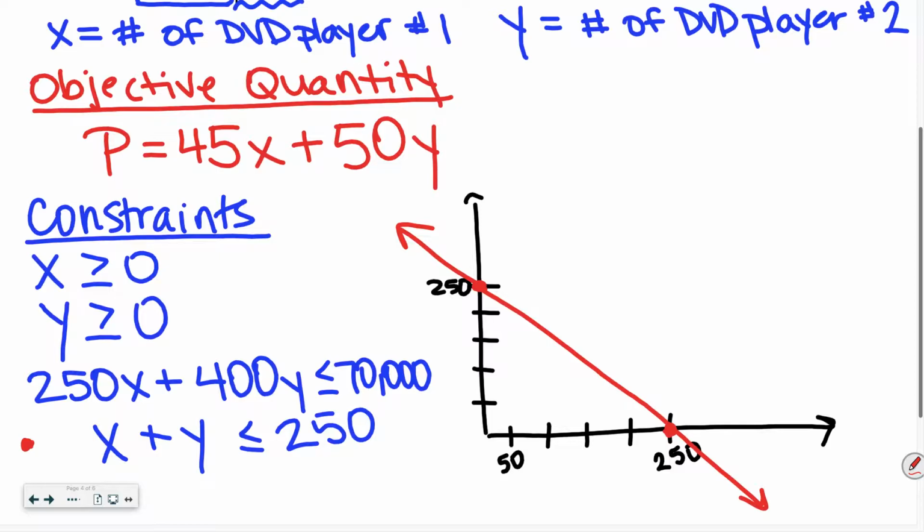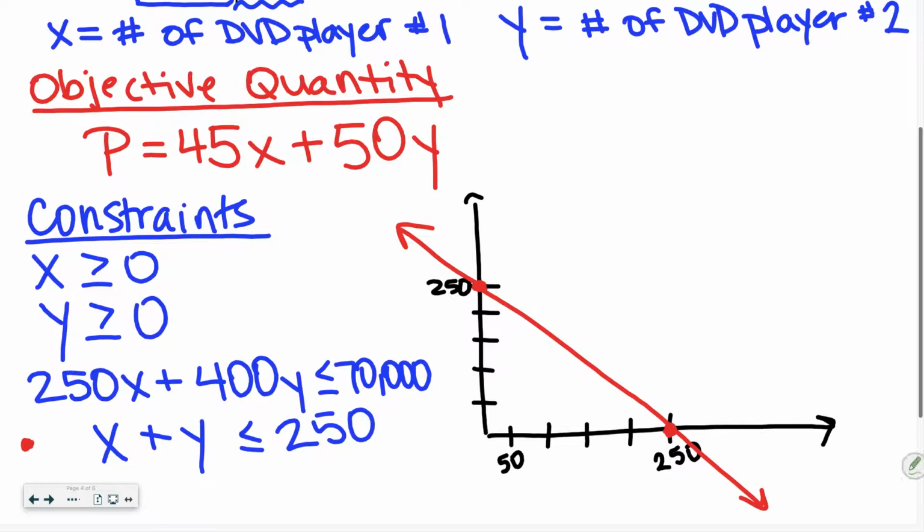Which way would we shade? Towards or away from 0, 0? Towards. 0 plus 0 is definitely less than 250. Okay. So I'm just going to keep that in mind. I don't want things to get really busy up here, so I'm just going to try to remember that.